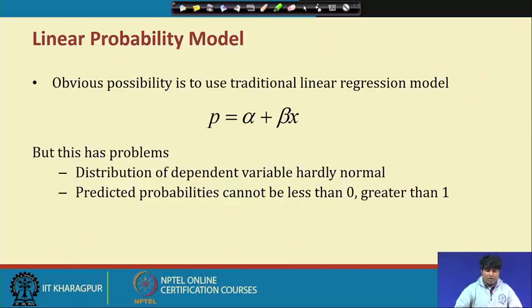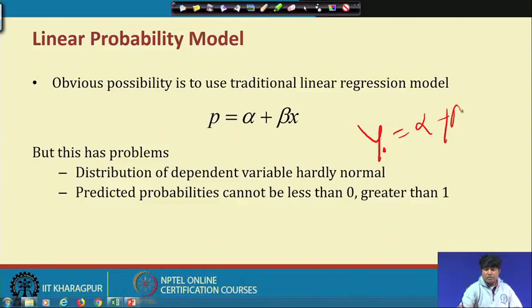The standard model to start with in dummy dependent modeling is the linear probability model. Here y is called p, and I can write y equals alpha plus beta x plus u.